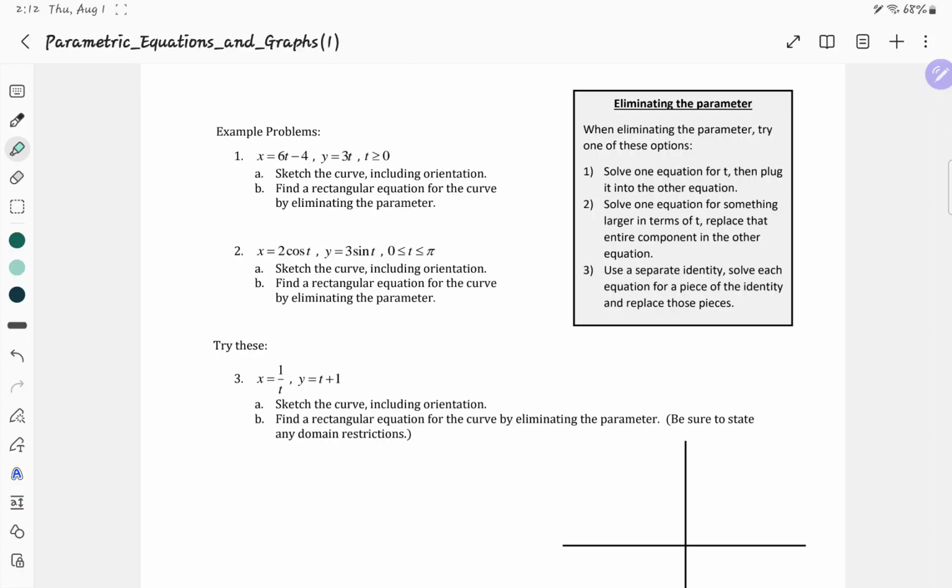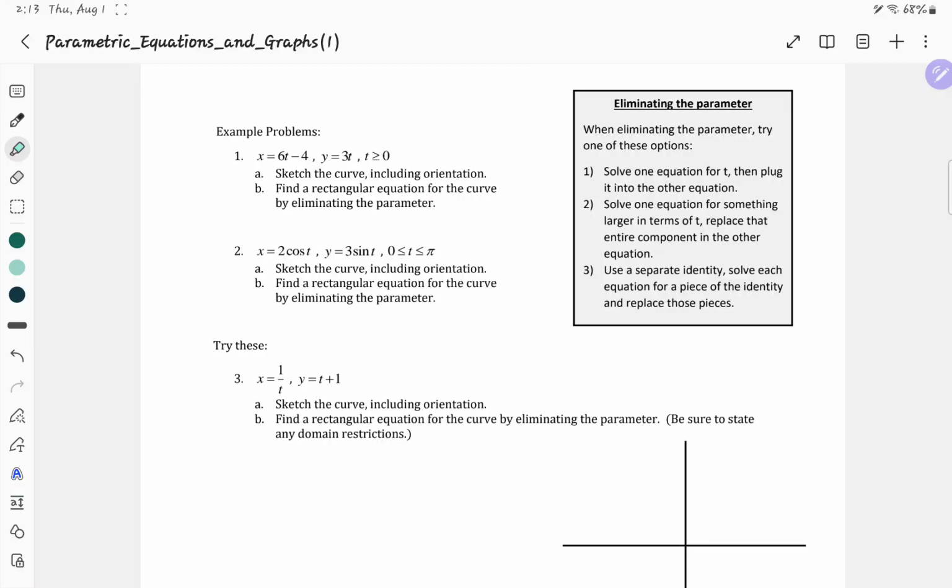The movement we will indicate with some little arrows that indicate the orientation. So that's usually this part, sketch the curve including orientation. We'll put some arrows on there. And then the equation of the curve, when we eliminate the parameter, is just what curve has been traced out. So we'll go through this first one.